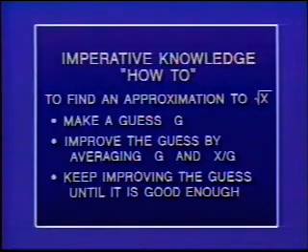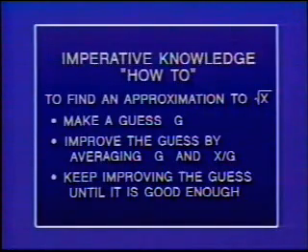This, in fact, also comes from Egypt, not ancient Egypt. This is an algorithm due to Heron of Alexandria called How to Find a Square Root by Successive Averaging. And what it says is that in order to find a square root, you make a guess, you improve that guess, and the way you improve the guess is to average the guess and x over the guess, and we'll talk a little bit later about why that's a reasonable thing.